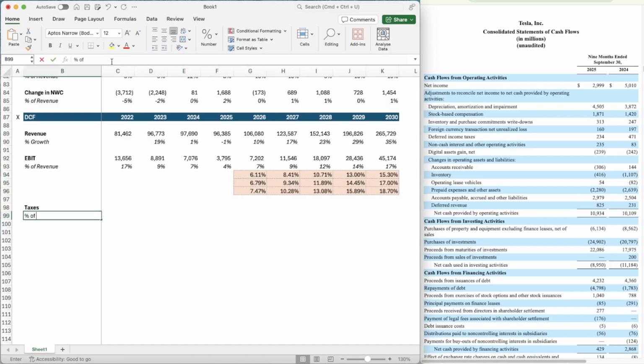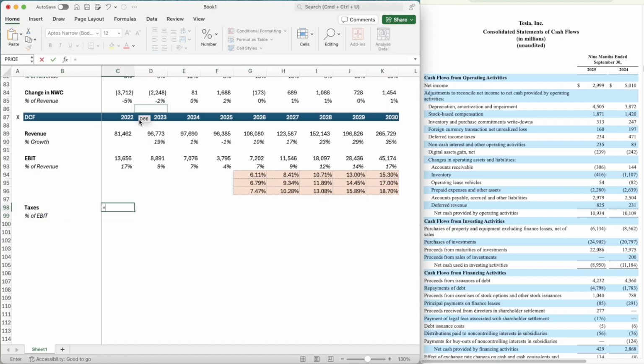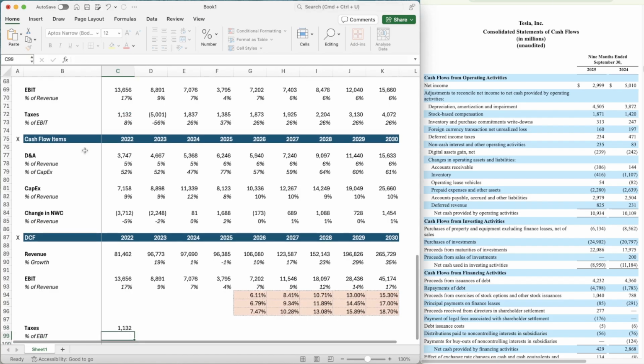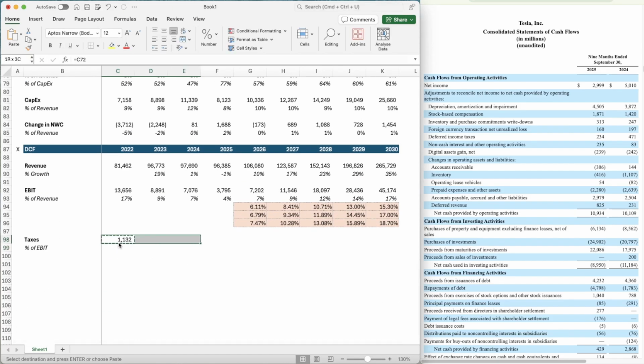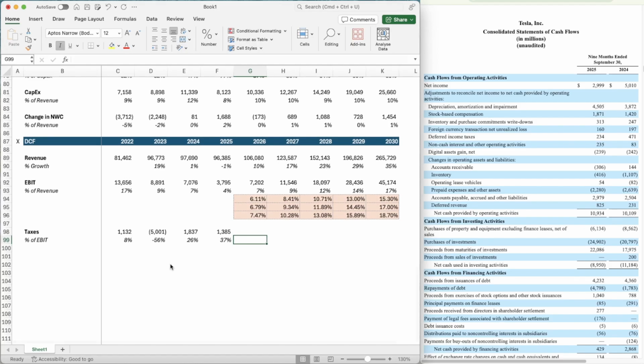Taxes, percentage of EBIT, equals... Okay, sorry guys, pull this out. Let's see what an average would be.